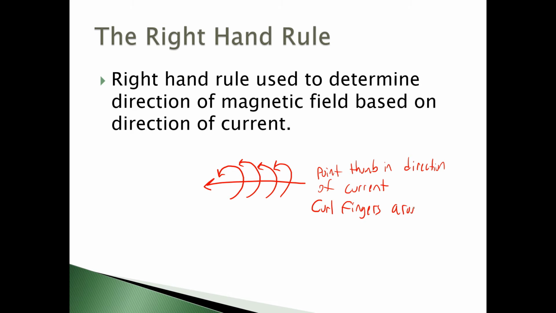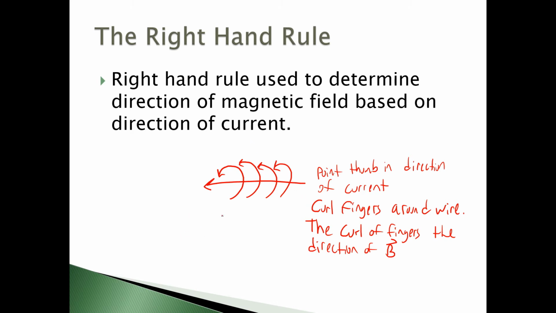The curl of your fingers determines the direction of the magnetic field. There you go. So in this case, the magnetic field is going in a counterclockwise motion.